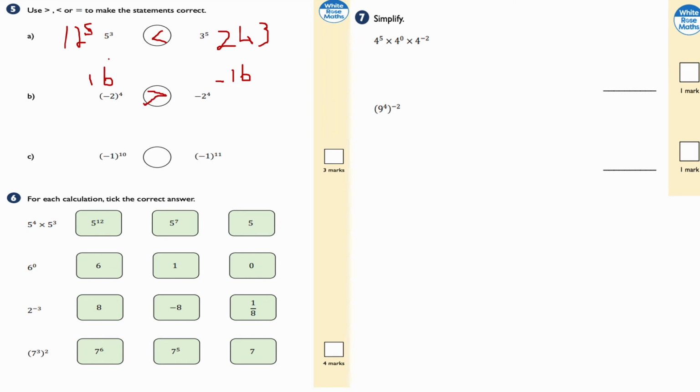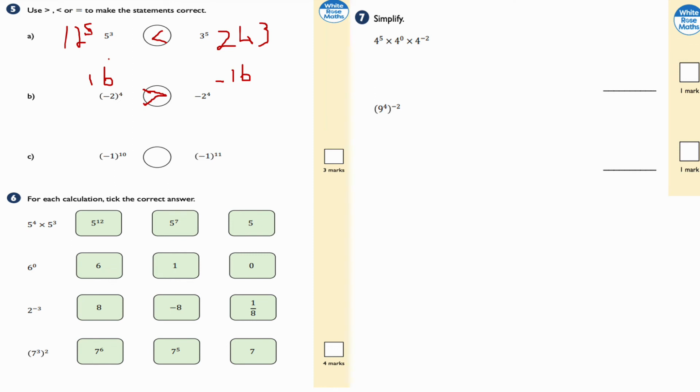And the reason I say that is because if you enter either one of these in the calculator, if you enter it with a bracket, it will give you a positive number. If you enter it without a bracket in the calculator, it will give you a negative. Okay, so I'm treating this as the correct version of writing a negative number to a power. Okay, so if you're ever unsure, always put brackets essentially.